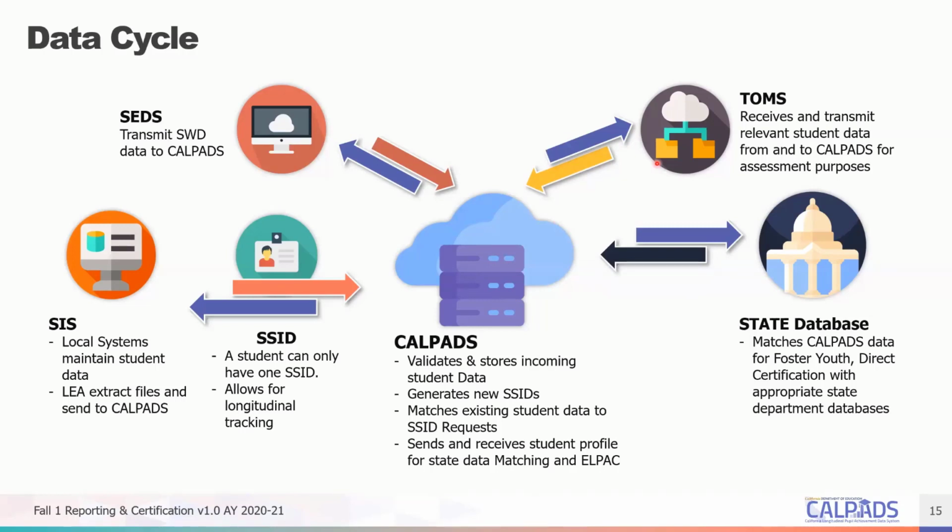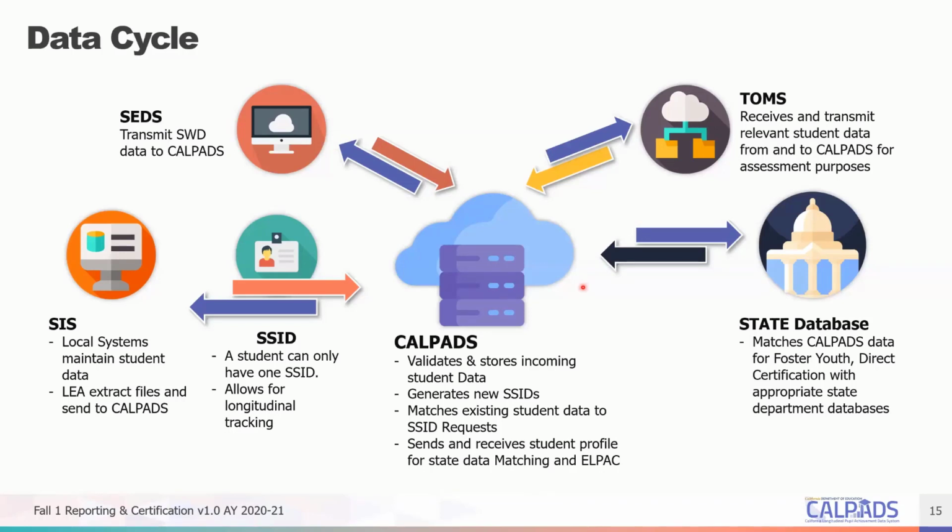Starting this year, it sends the data to TOMS to include those students in the initial ELPAC testing roster for those students with TBD. And it also allows your SEDS to push your data to CalPADS. If CalPADS sees any errors, it sends those error descriptions to your SEDS system.